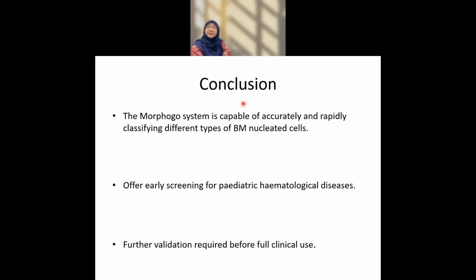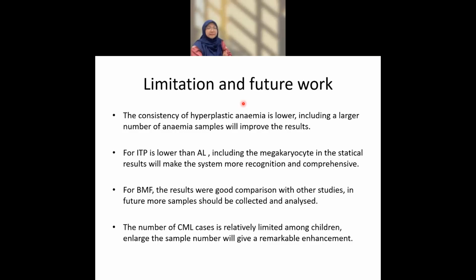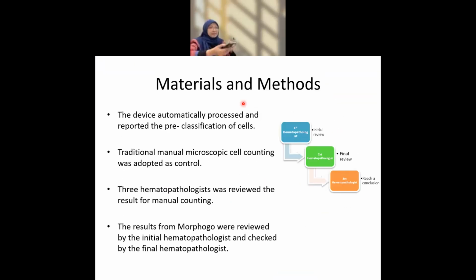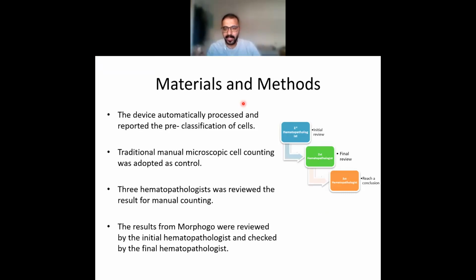Husam: So basically, this Morphogo system will replace the second pathology? There are first, second, and third pathologists, so Morphogo will only replace the second one, is that correct? No. For the manual microscopic cell counting, which they take as a control, we have the first hematopathologist for initial review and the second hematopathologist for final review.